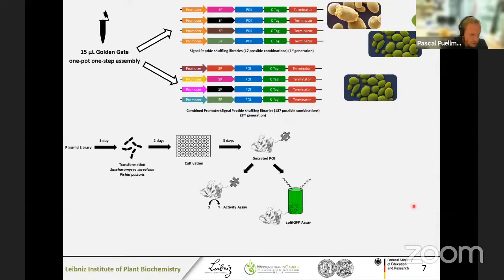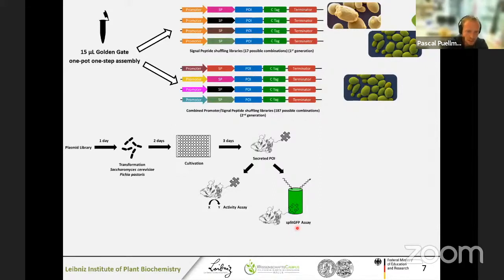Now, having the library, you can transform it, cultivate your yeast, and your protein gets secreted. That's the secrete part of the kit, but then we get the detect, because we also implemented a GFP assay with which you can measure the amount of target protein secreted. This is quite handy, because you can correlate your activity to your protein amount.